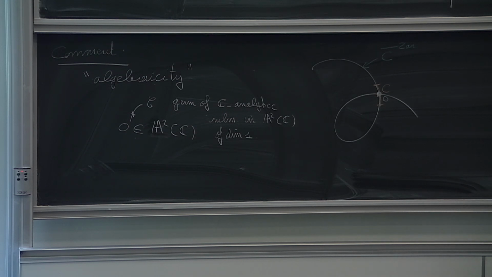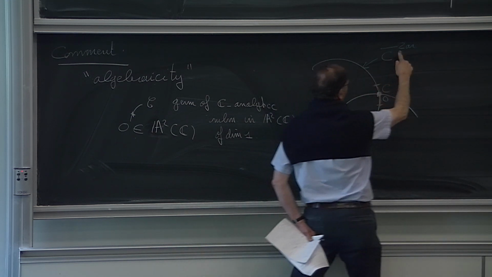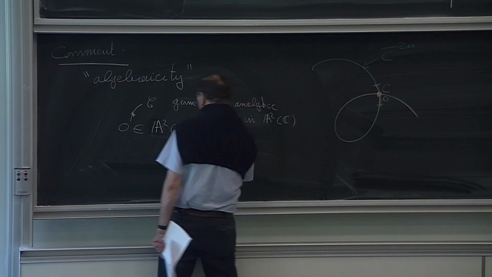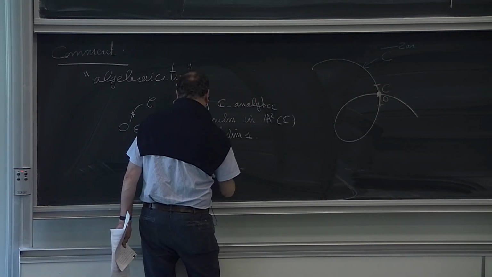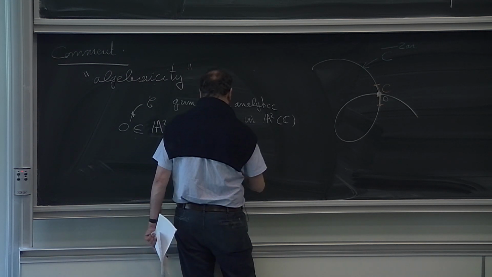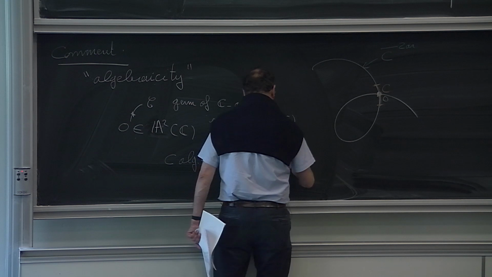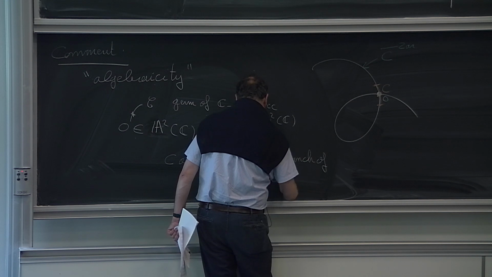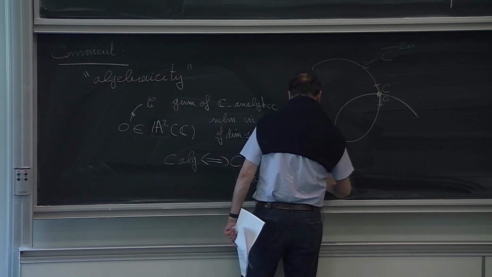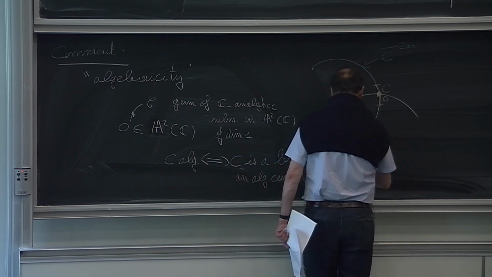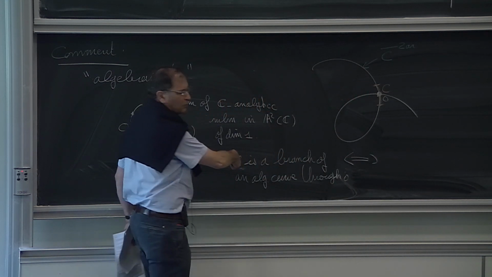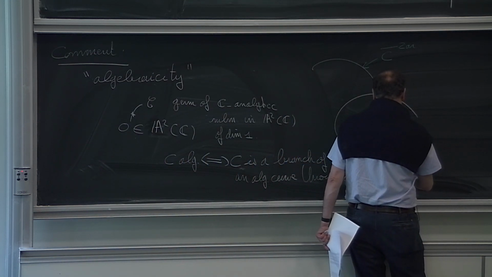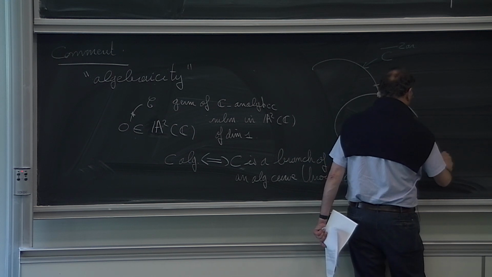A simple way to define algebraicity is to say that C is algebraic if, as a first definition, C is a branch of an algebraic curve through O. Of course, this algebraic curve may be supposed to be irreducible, and it has to be the Zariski closure of C, and it's equivalent to the fact that the Zariski closure is one-dimensional.